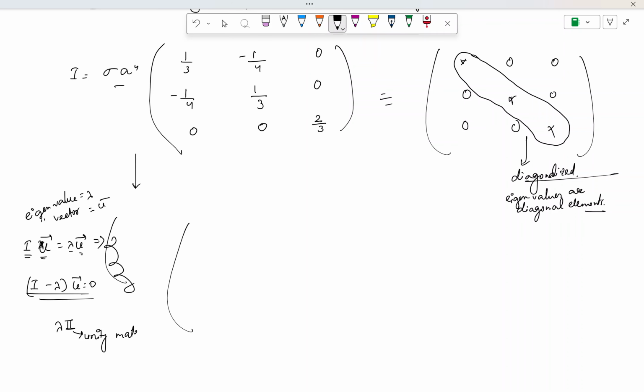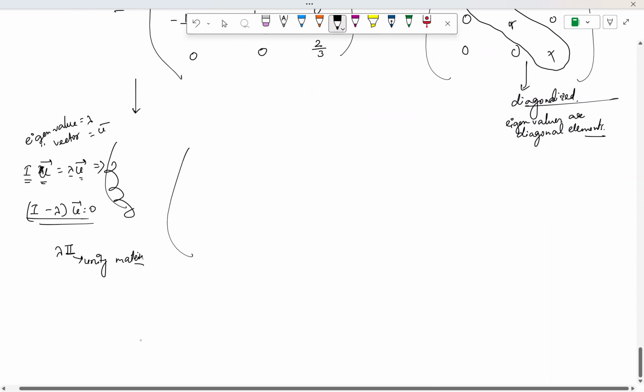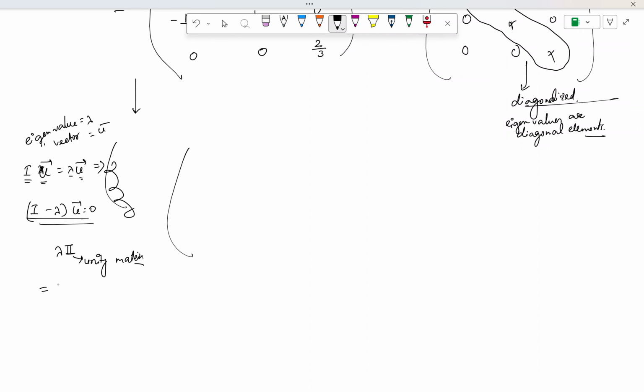Any constant term is simply that term times a unity matrix if you have to express it in a matrix structure. The unity matrix in 3D has only diagonal elements 1 and all other elements 0. So this is lambda times 1, 0, 0, 0, 1, 0 and 0, 0, 1, which is lambda 0, 0, 0, lambda, 0 and 0, 0, lambda.